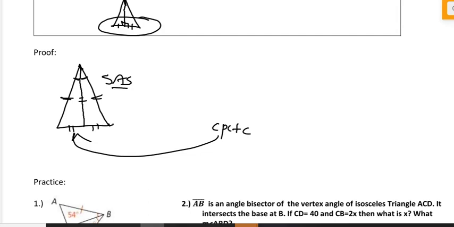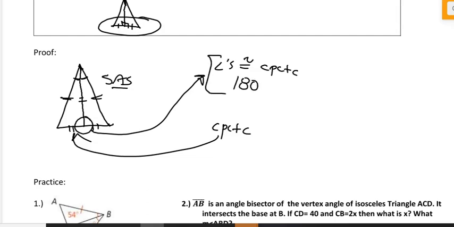So we have the bisector part, but how do we do the perpendicular? Let's think about this. We know the angles are congruent by CPCTC. We also know that they make a line, so they're 180 degrees together, supplementary.